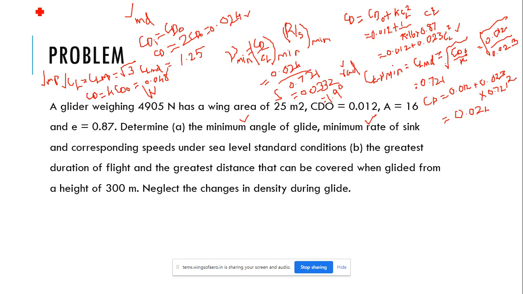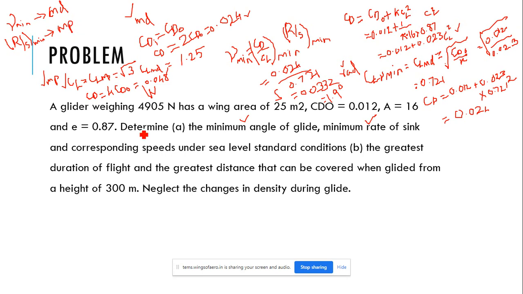As I told earlier, we can find gamma minimum by using all minimum drag values, CLMD. Rate of sink minimum, we can find from minimum power condition only. This is the thing you need to remember.